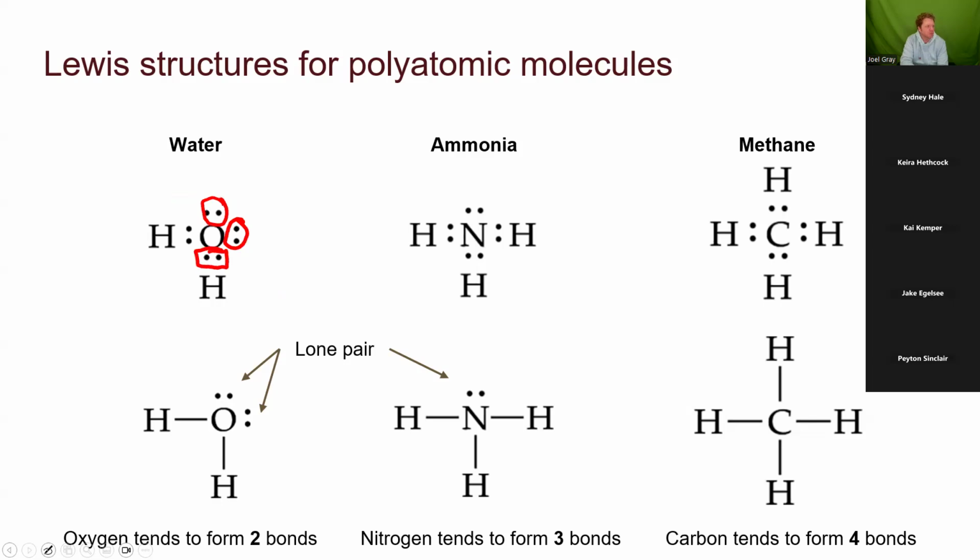I'm going to draw a box around a shared pair and a circle around the lone pair. Which pair of electrons, A or B, is more contained, more limited on where they can go?